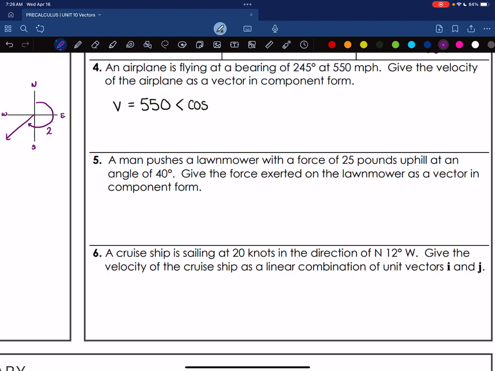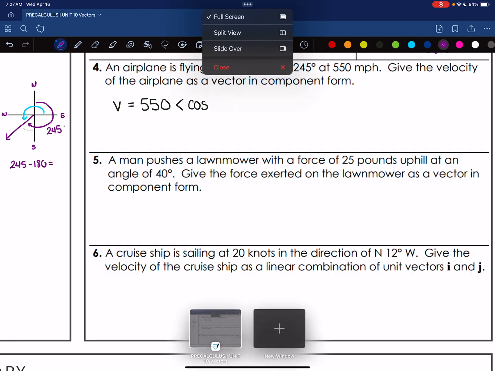So look here, let me show you on this side right here. That is 245, but if I'm thinking about this like I would my unit circle, then I'm measuring to here. So how much is that going to be? Think about this with me. What would this amount be? That amount is going to be 245 minus the half rotation, which is 180. Grab your calculator real quick with me.